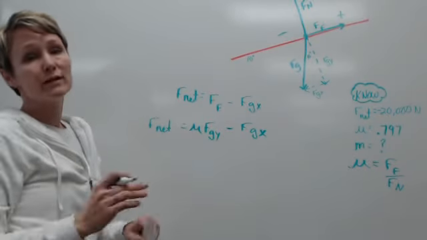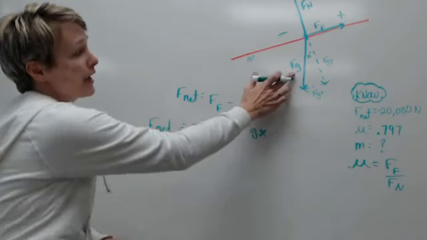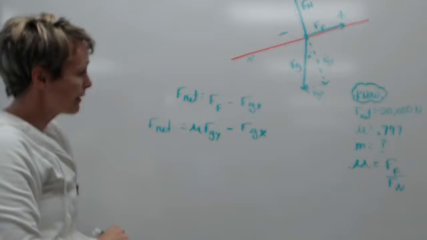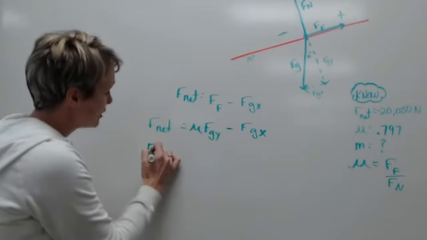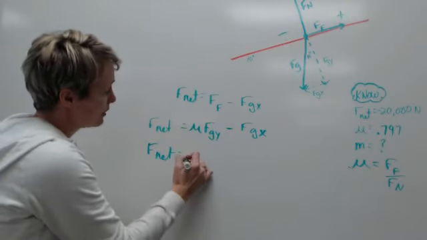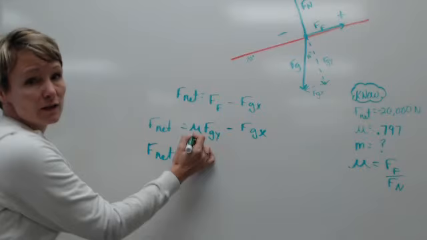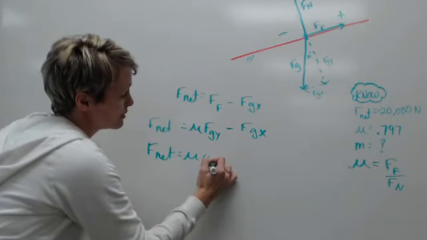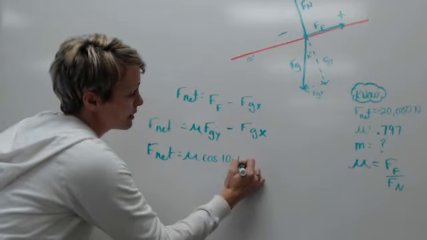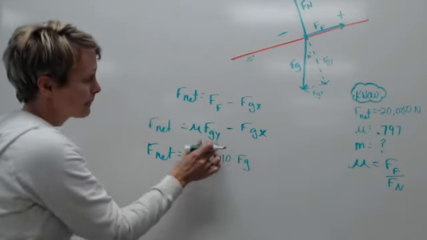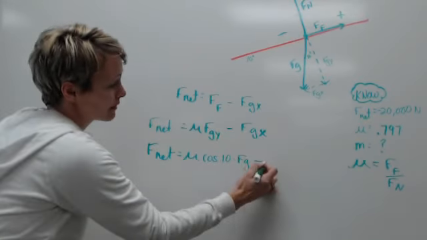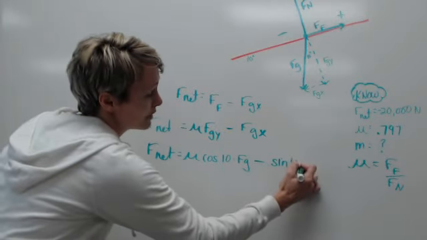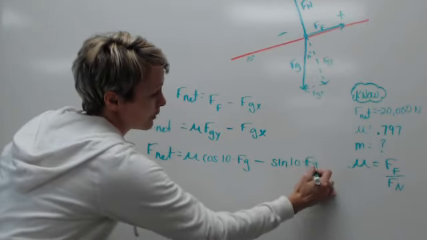This is important because I'm trying to solve for mass, and I'm going to get my mass using these components of my gravitational force. So if I continue solving, I could say coefficient of friction is equal to, well, F of G of y is the cosine of 10 degrees times the force of gravity, minus F of G of x is the sine of 10 degrees times the force of gravity.